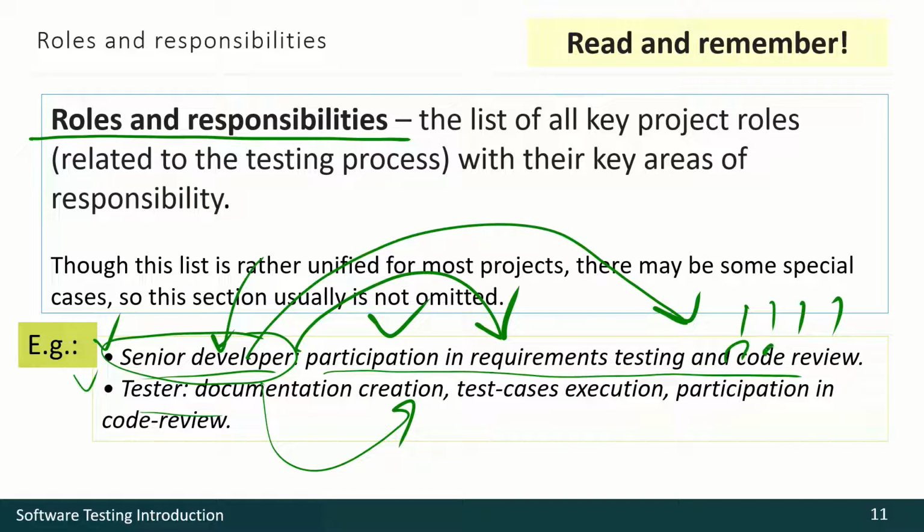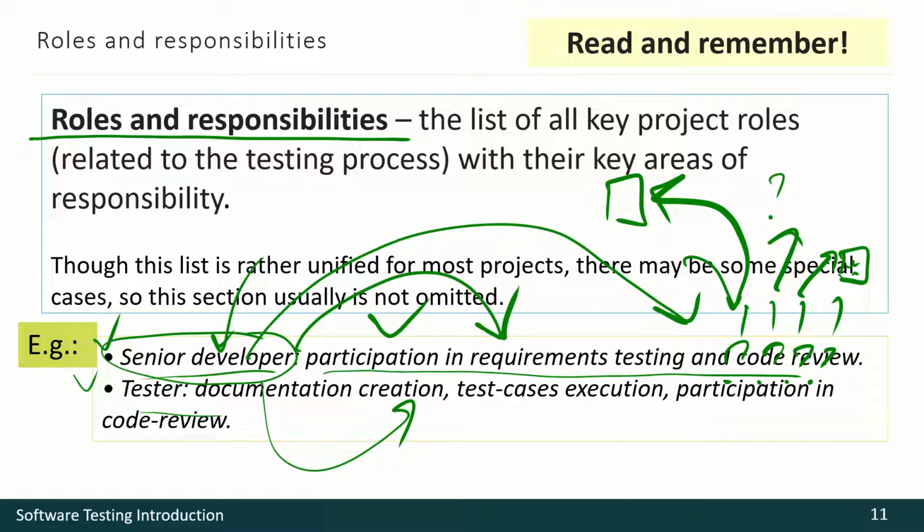What shall each of them do? Maybe someone is responsible for one section of requirements, someone is responsible for another functionality, the other is responsible for something else. So this section shows who is responsible for what. It brings clarity, it brings calmness to people, and it brings effectiveness and efficiency to the project.